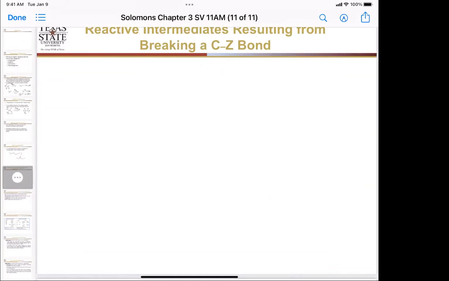So how do we break these bonds? Well, there's a couple different ways to break a bond. If we just have a carbon and something else, and in this case, Z is probably anything more electronegative, so it's going to take the electrons with it. Okay, there's a couple different ways it can break apart. The first way is where the electronegativity difference between the carbon and the Z is not very high.